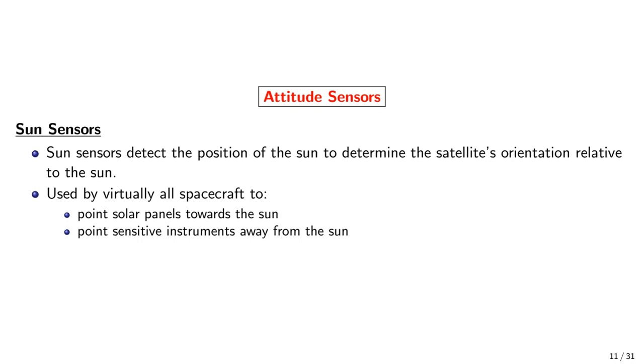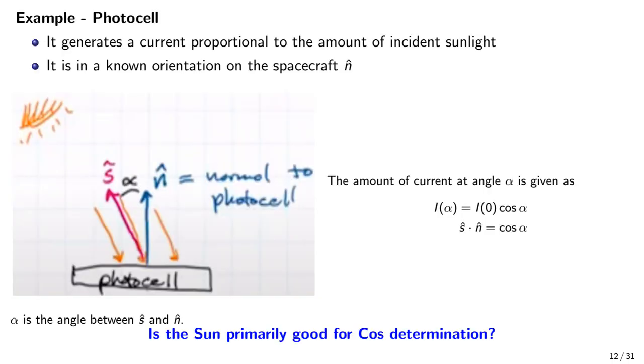All right, there are so many types of these sun sensors, but specifically I want us to think about a photocell. This is an example of your sun sensors. This photocell usually generates a current that is proportional to the amount of incident sunlight.